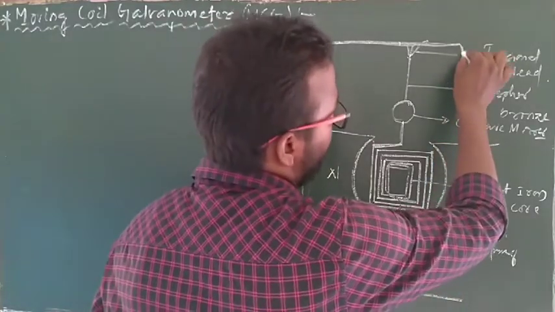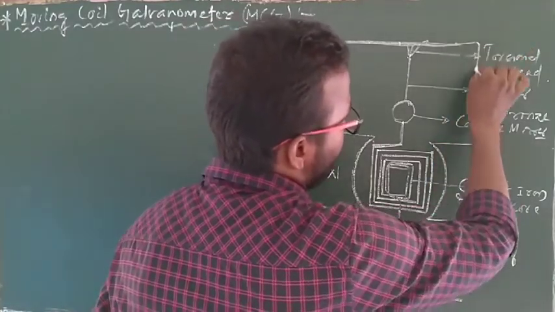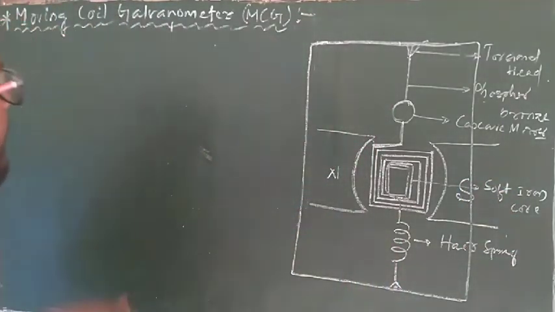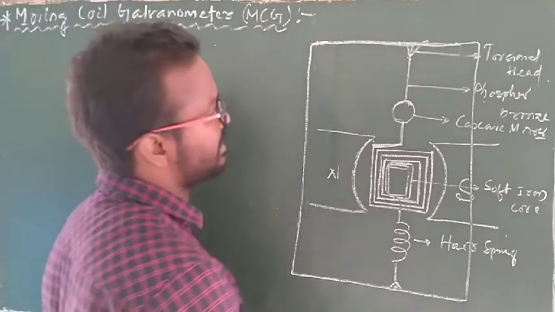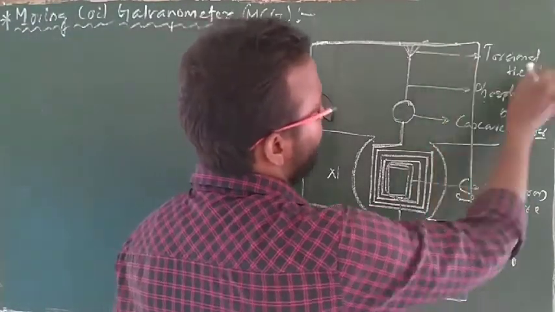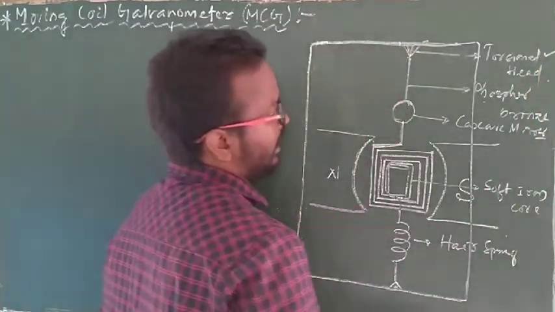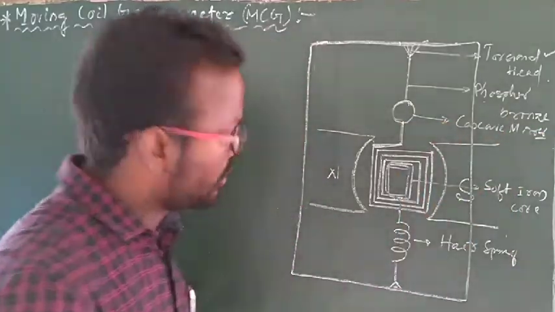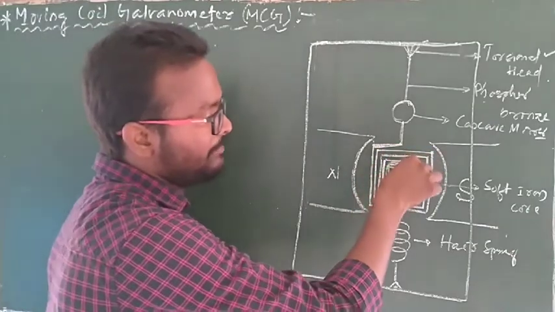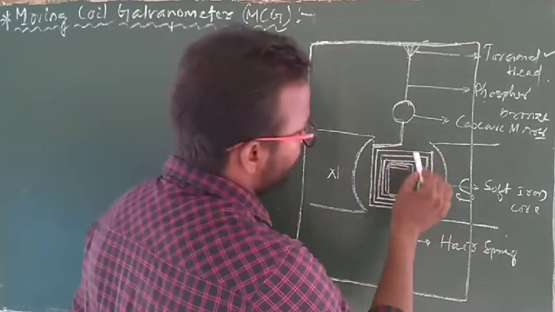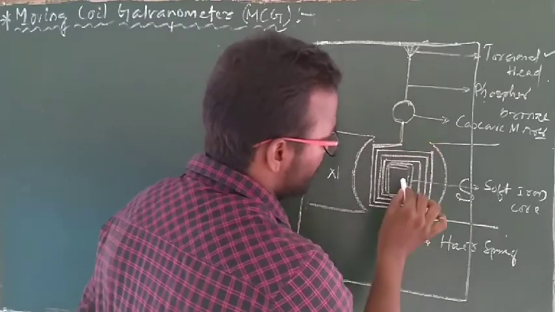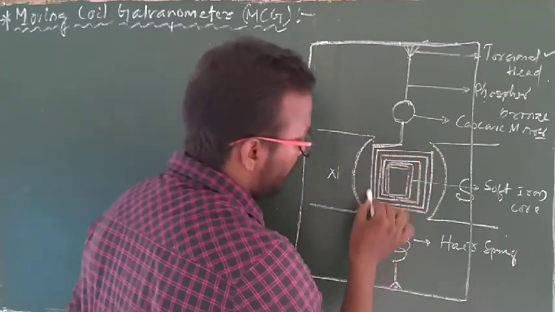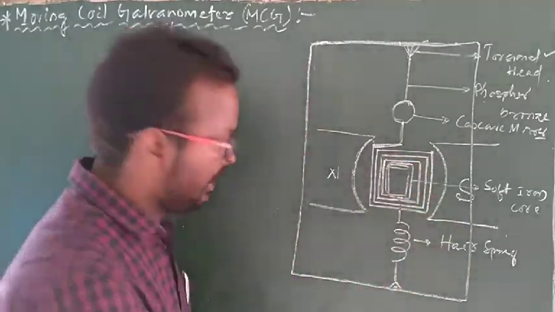Clear? This is the construction of a moving coil galvanometer. First, we use a torsional head. Next, a phosphor bronze strip which is connected with a concave mirror to detect the deflection of the coil. Next, there is a soft iron core over which the turns of the coil are wound.